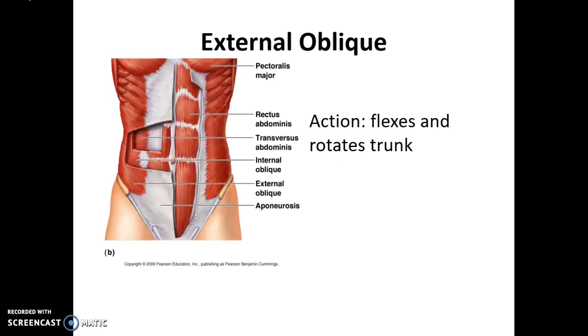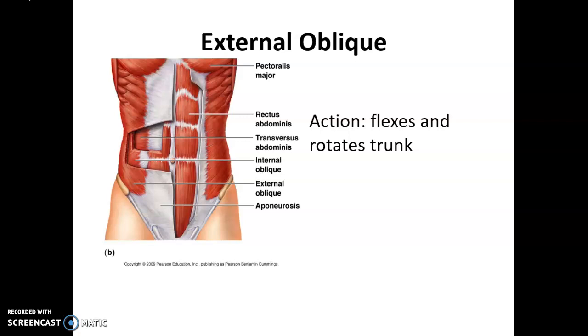Moving on to abdominal muscles, the first one that we will talk about is called external oblique. Remember, the external oblique is a very superficial muscle, and these muscles are actually very thin muscles. Their tendon is flattened, and their tendon looks very white and flattened, and we call that aponeurosis.